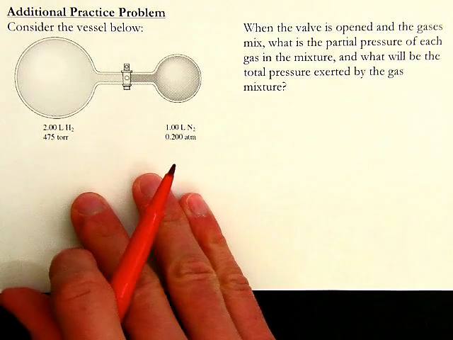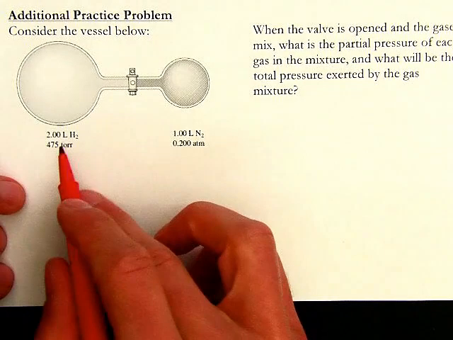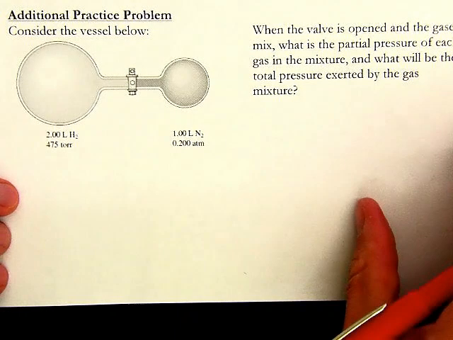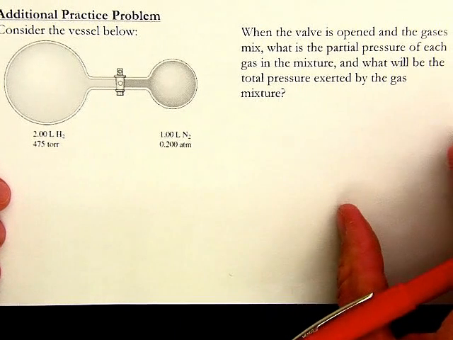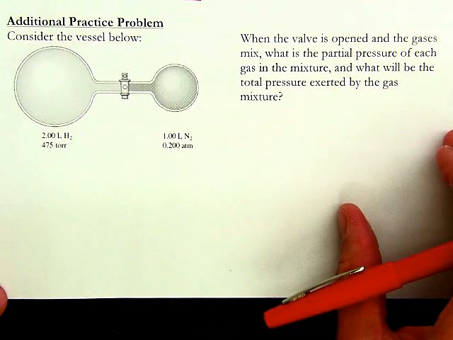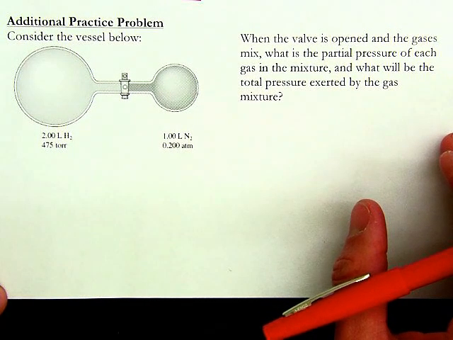It's a little bit hard to see, but it says the pressure and volume of each. Now, the question says, when the valve is opened and the gases mix, what is the partial pressure of each gas in the mixture, and what will be the total pressure exerted by the gas mixture?